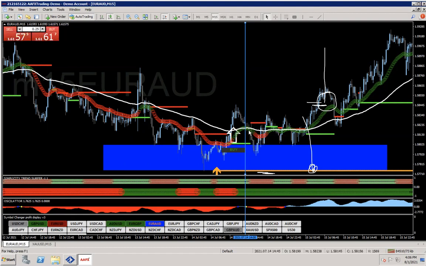But you can clearly see that price is in consolidation. And as you can see, this Simplicity trend line never crossed this 50 moving average. It flirted with it, it flirted, it flirted, and it did not penetrate it until right here.